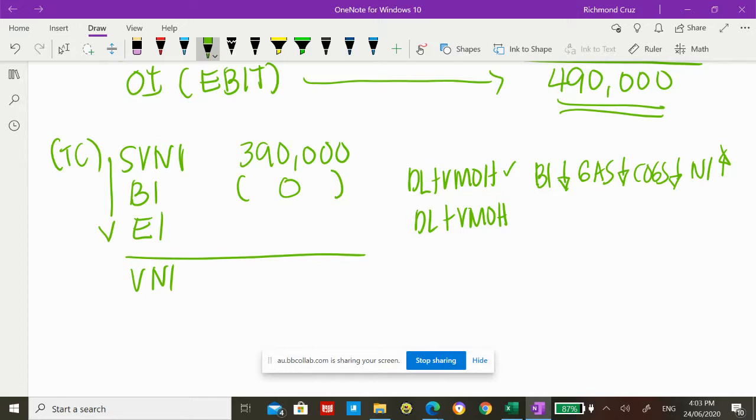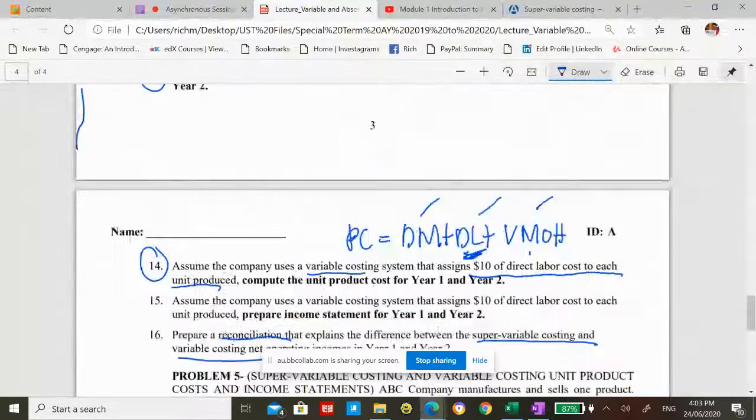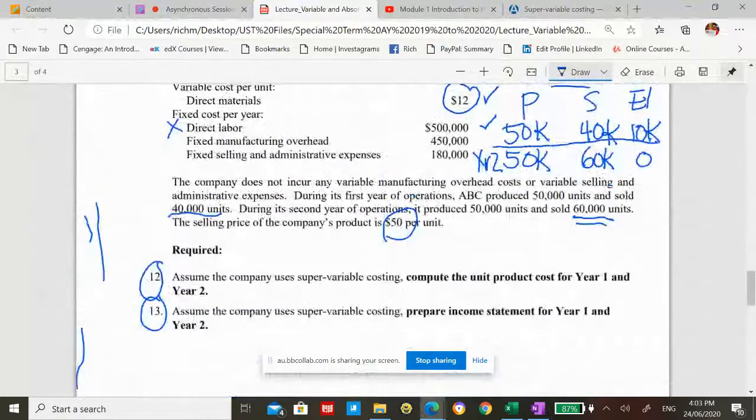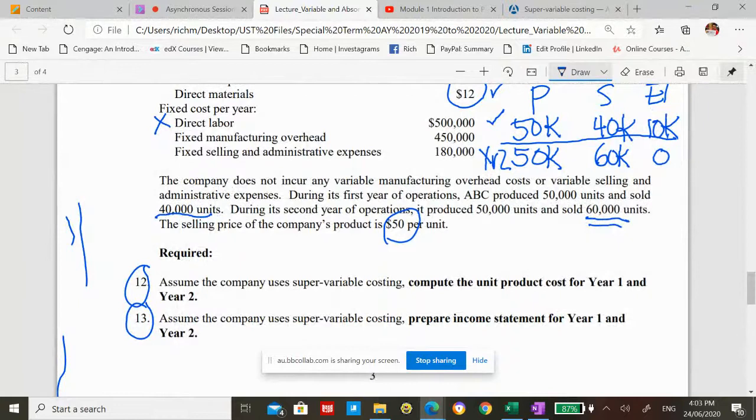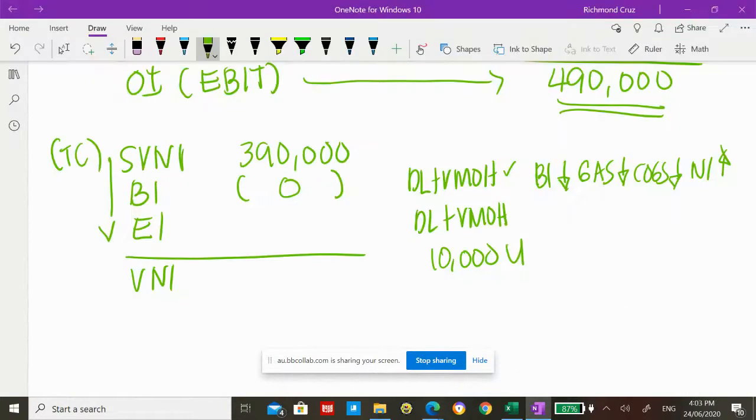But for the first year of operation, we have ending inventory, and the ending inventory is 10,000 units. Why 10,000? Let's go back to the problem. For year one, the company produced 50,000 units and sold only 40,000 units. So we have 10,000 units in ending inventory. And these 10,000 units under the super variable costing system are also understated.